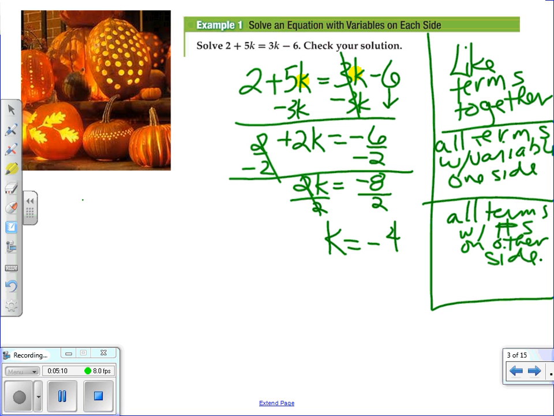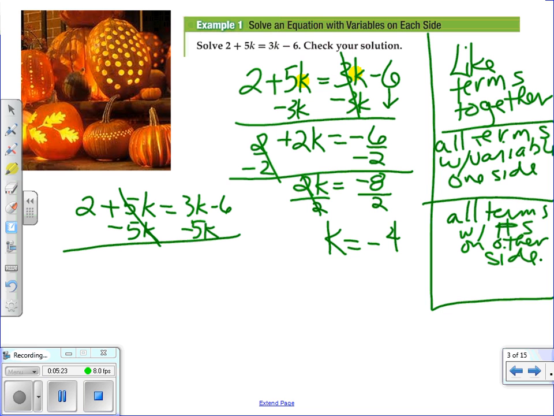Now just to show you really quickly, I could have started with 2 plus 5k equals 3k minus 6, and look what happens if I had subtracted the 5k. I will come out with the same answer. 2 equals negative 2k minus 6, right?